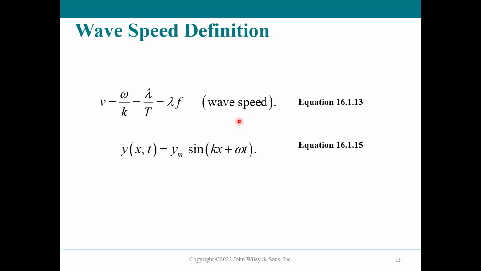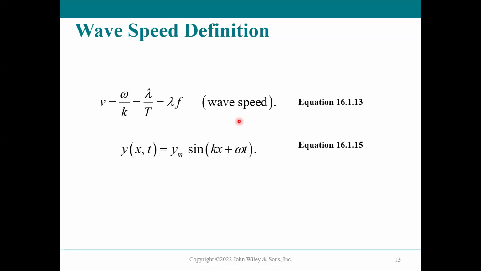The speed v is equal to omega divided by k. Omega divided by k is equal to lambda divided by the period.